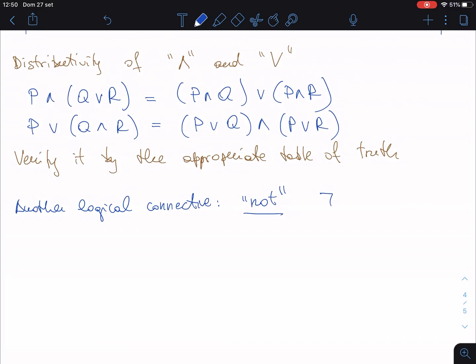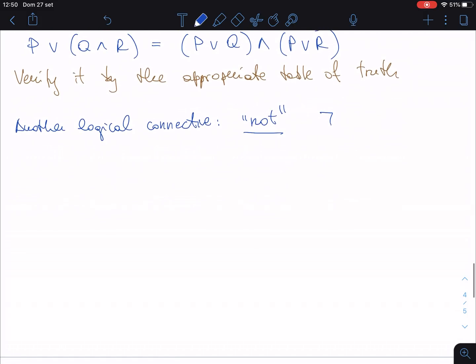And not, this connective simply reverses the value of truth. And this is the table of truth of not, which is very elementary, very simple.